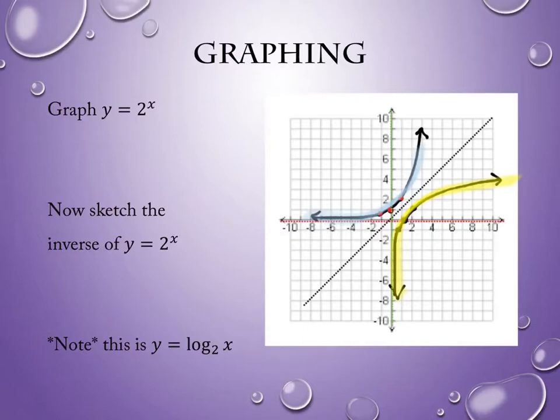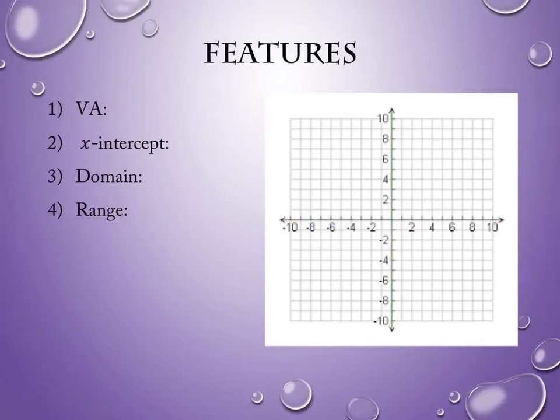So my yellow graph has a line at the y-axis as the asymptote. All those features just switched because x's and y's switched. So these are the features of our graph. This has a vertical asymptote, which is the y-axis. The y-axis is the line x equals 0.